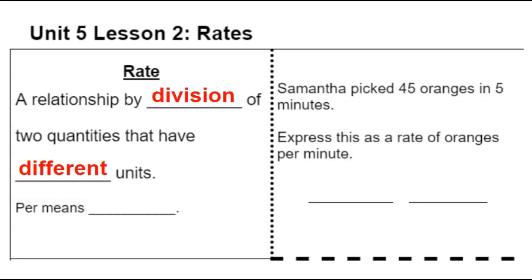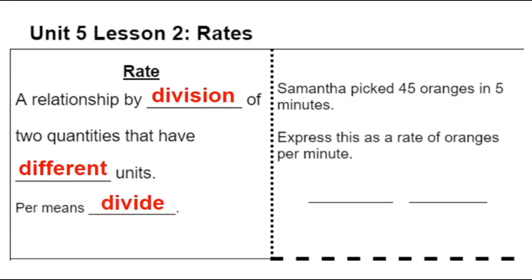In this case, a rate is different units. For instance, miles per hour. You would have miles and hour, and those are two different types of units. One is time and the other is distance. And then per, again, means divide.